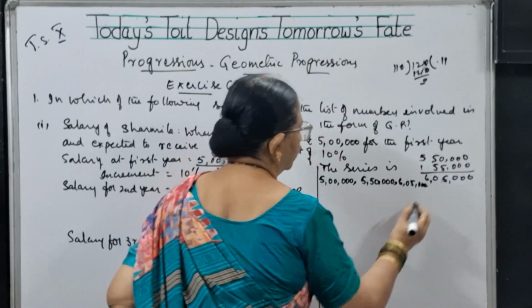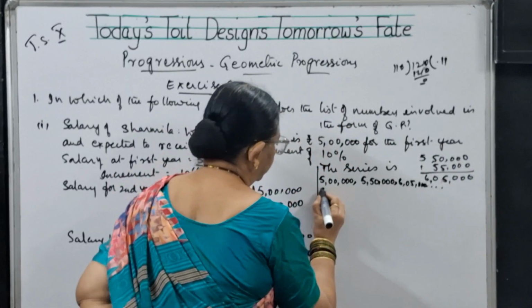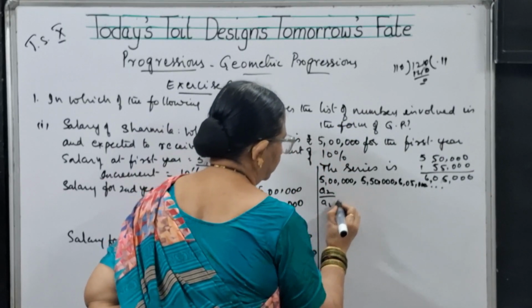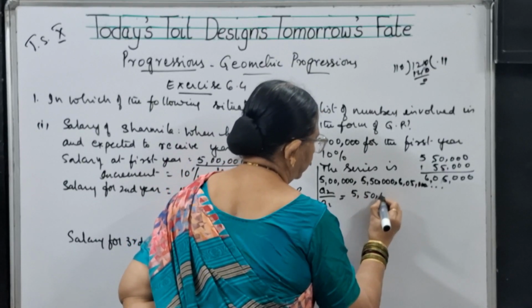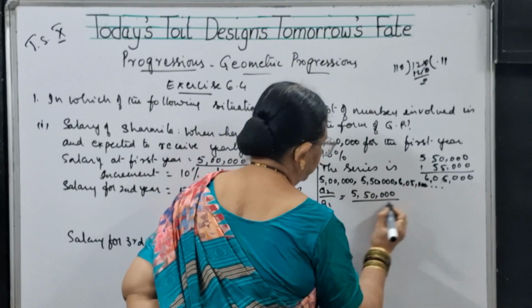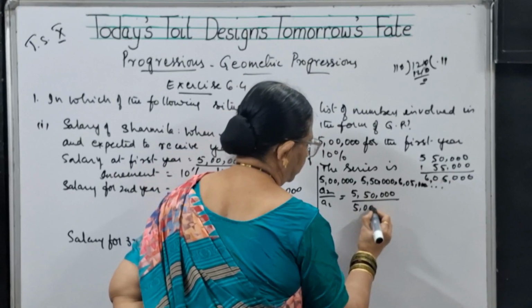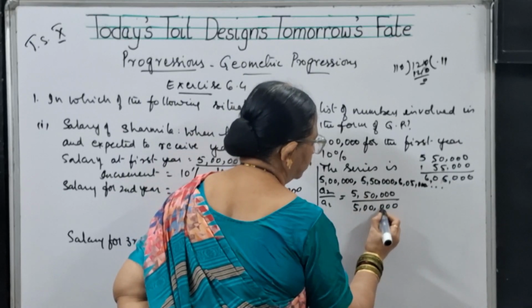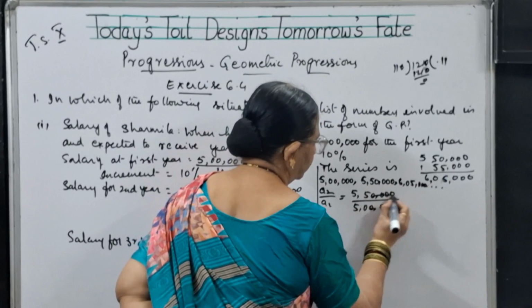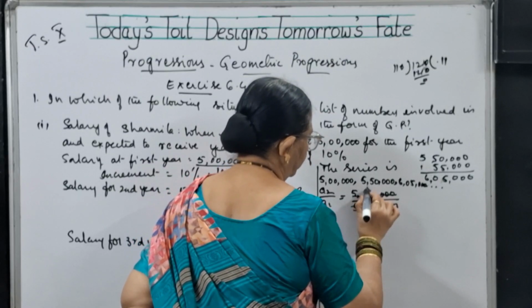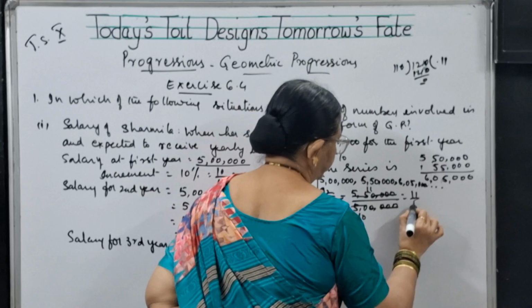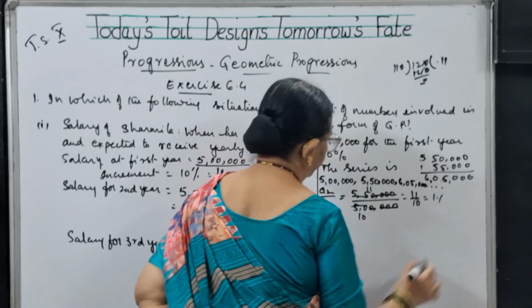So if it goes on like this, A2 by A1 is 5,50,000 by 5 lakh. How much are you getting, children? 4 zeros will get cancelled. 5 tens are 50, 5 11s are 55, so 11 by 10, that is 1.1.